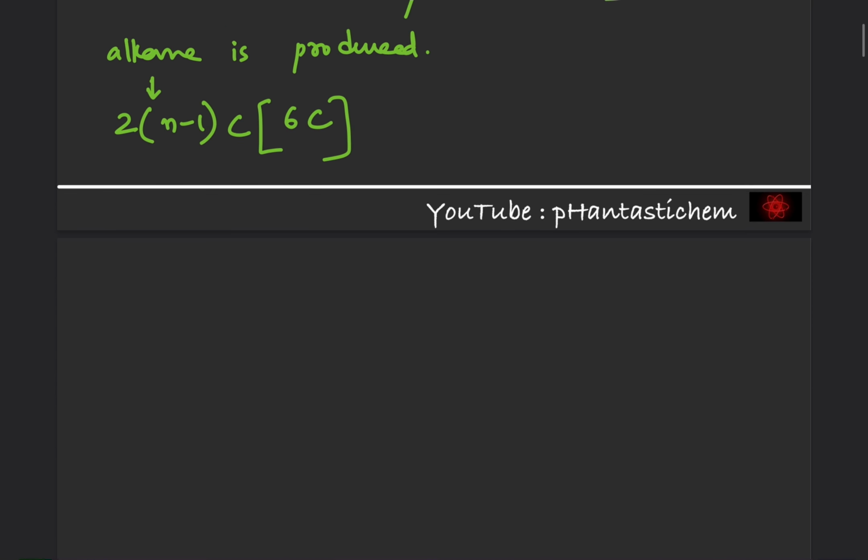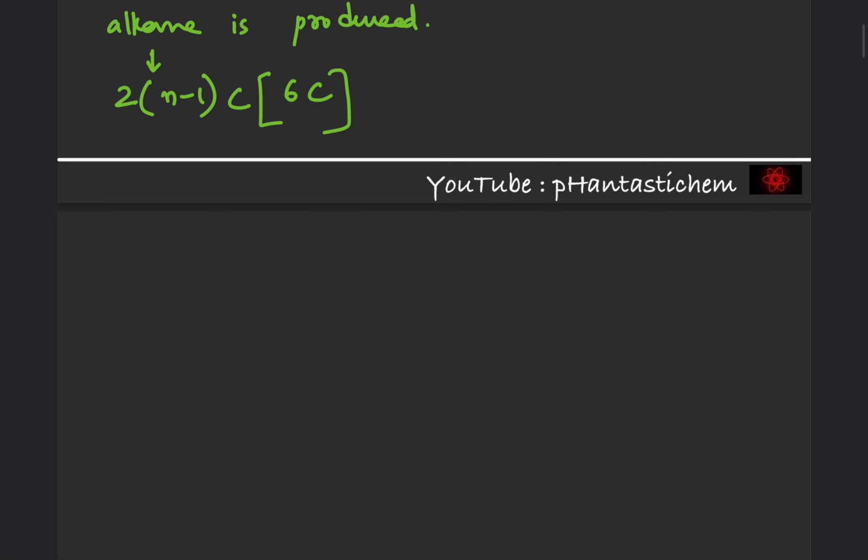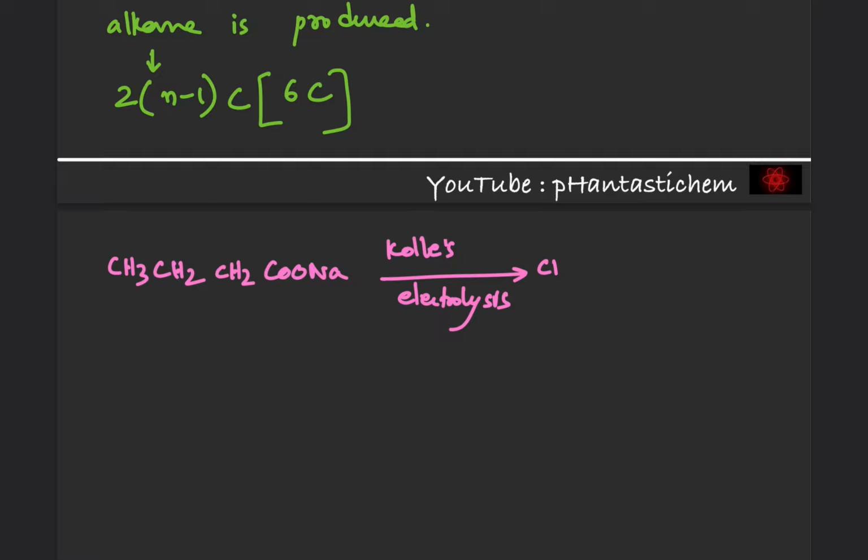So with respect to reaction, I can write CH3, CH2, CH2, COONa, which is sodium butanoate, and Kolbe's electrolysis. So I'll be getting CH3, CH2, CH2, CH2, CH2, CH3, which is my n-hexane.